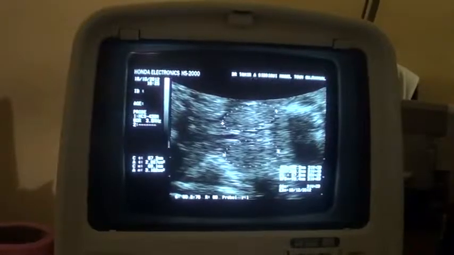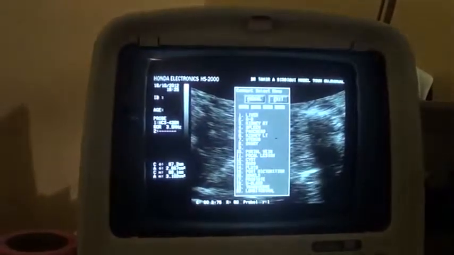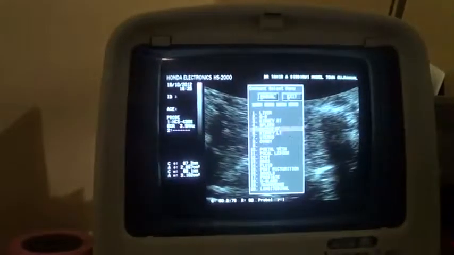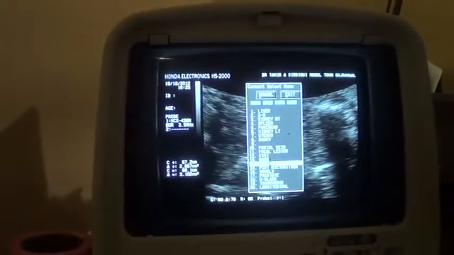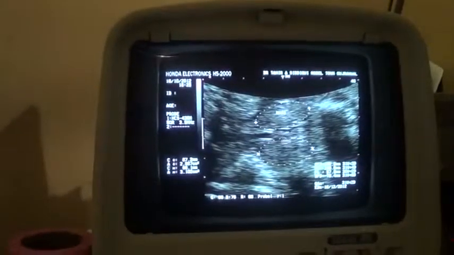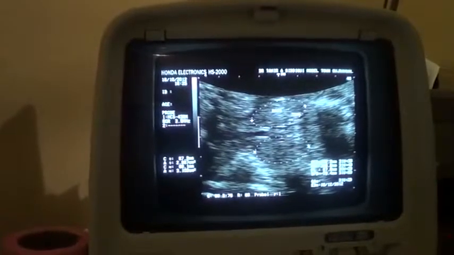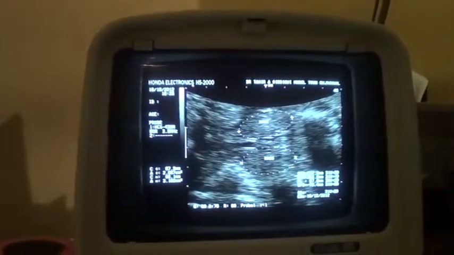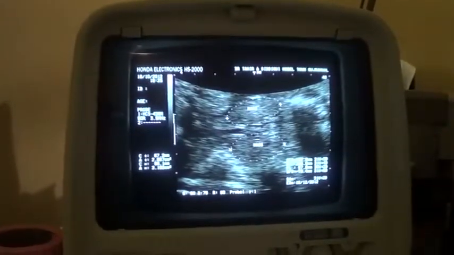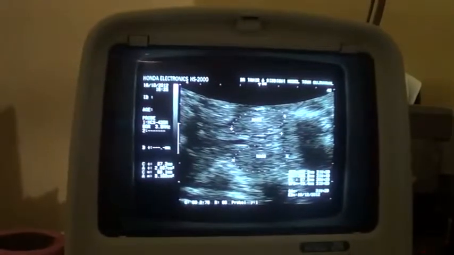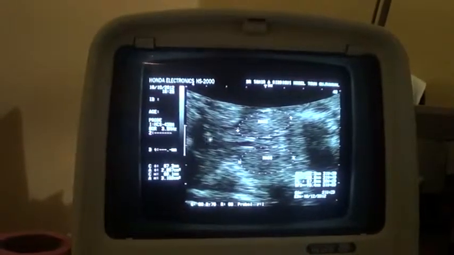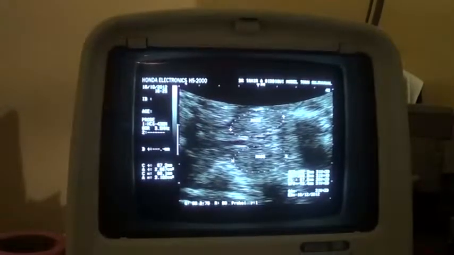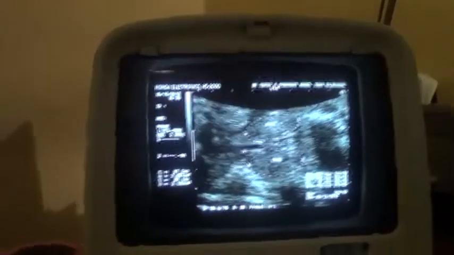And this is the mass, this area, evenly echogenic, relating to the fetal neck region, because from here onwards the brain and head can be seen, and this is the heart. So this is the central area, the neck region, between the head and the neck.